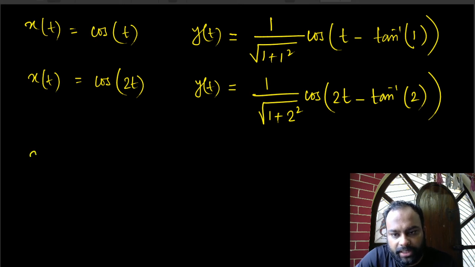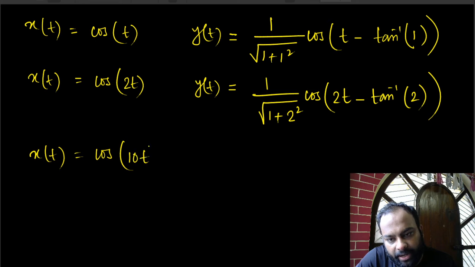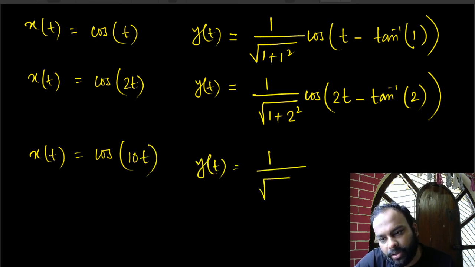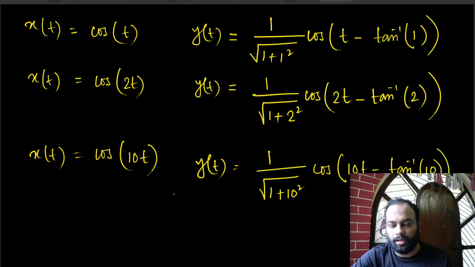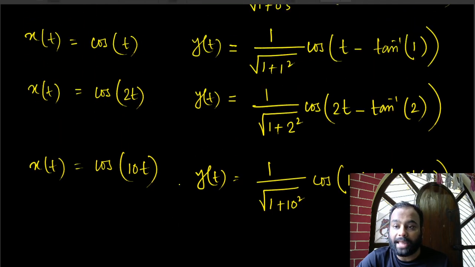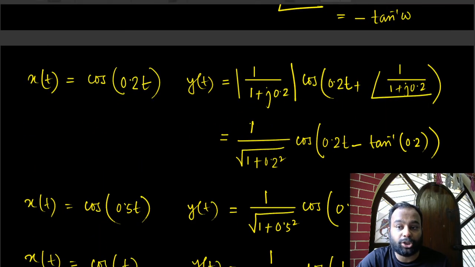So again, consider x(t) equal to cos 10t, and the output becomes, of course, 1 by root over 1 plus 10 square, cos 10t minus tan inverse 10. All right. So as you can see, the amplitude is gradually decreasing.